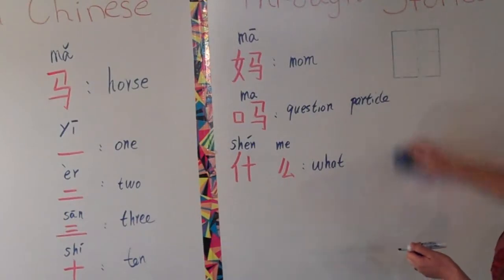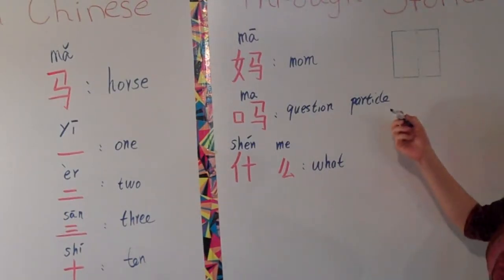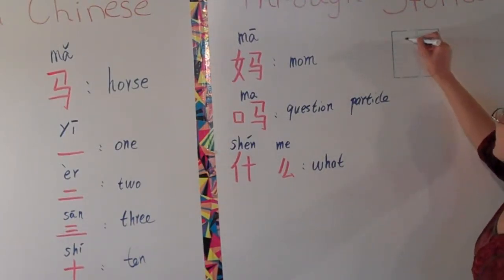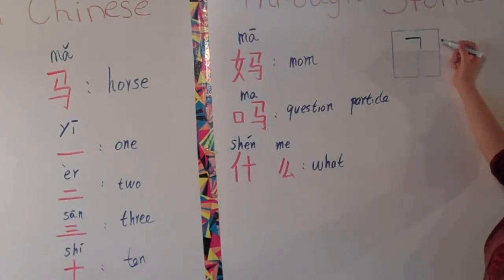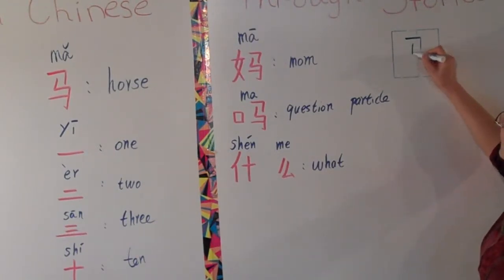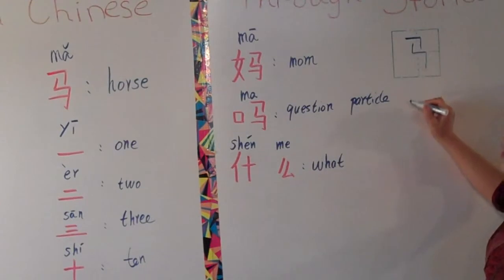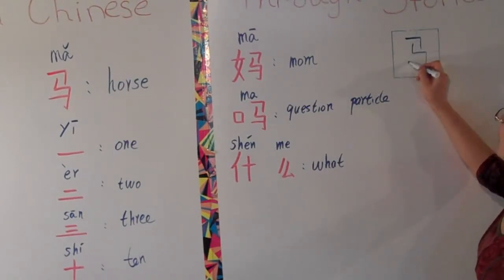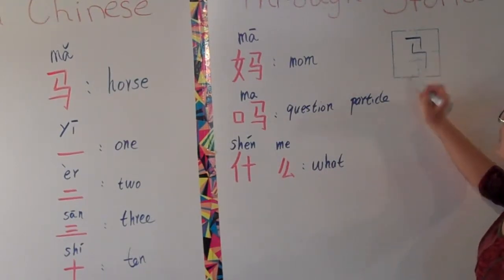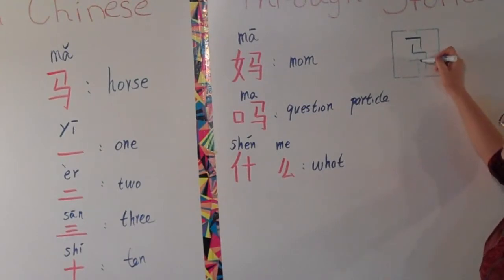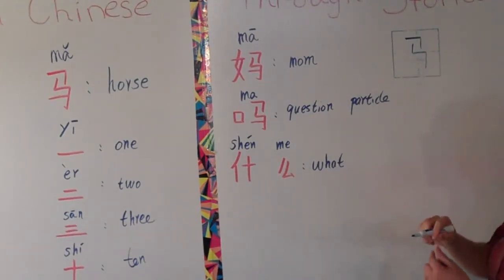Okay, one more time. 马, horse. The head, the body, and the two legs here. Hope you can see that. One more time.